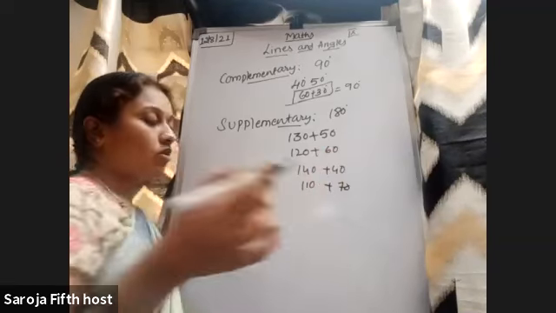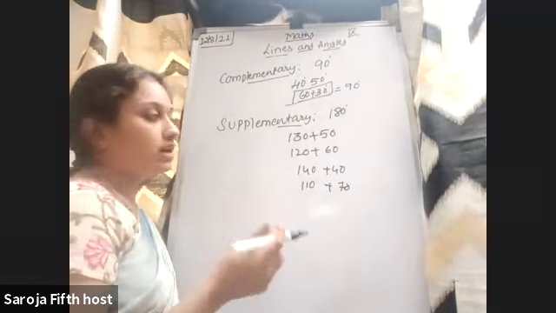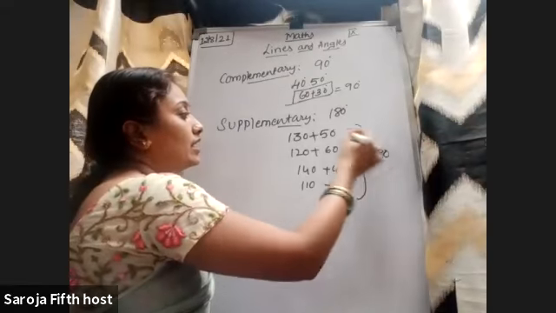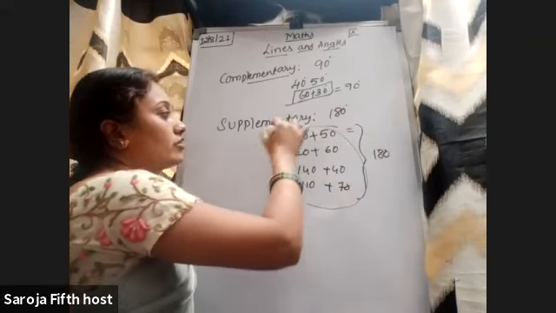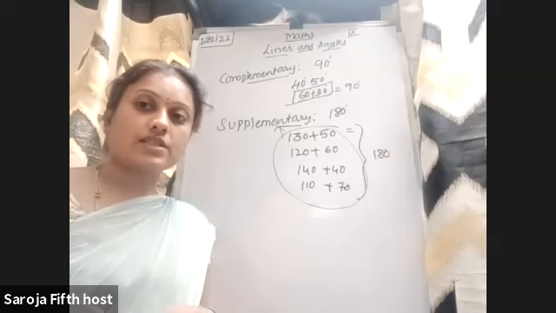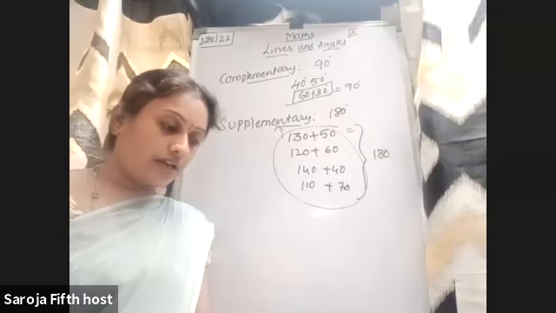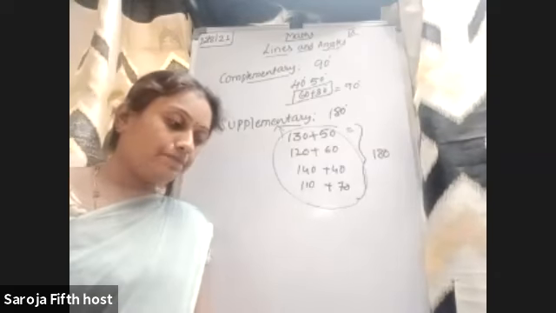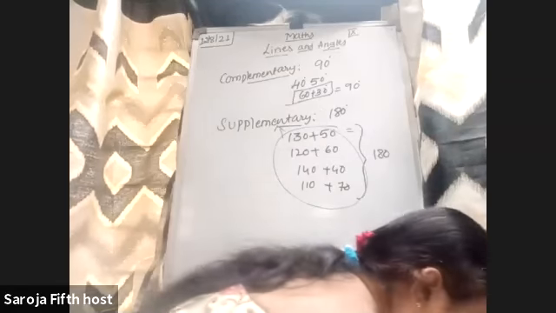Whatever the angles, when you add them you get 180 degrees. Such a pair of angles we call supplementary angles. I think in your earlier standards, 6th and 7th, you learned this, right? Yes, ma'am.